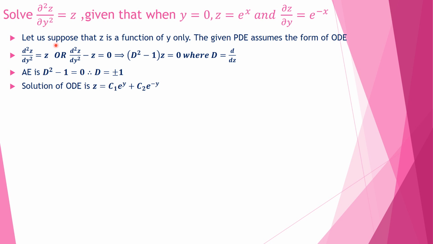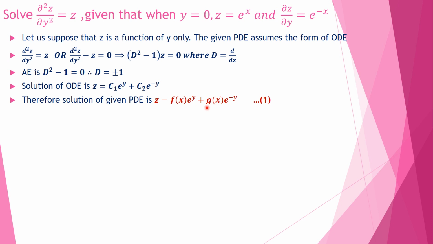So the constants c1 and c2 we will write as functions of x. That is, the solution of the partial differential equation is z equal to f of x into e power y plus g of x into e power minus y.